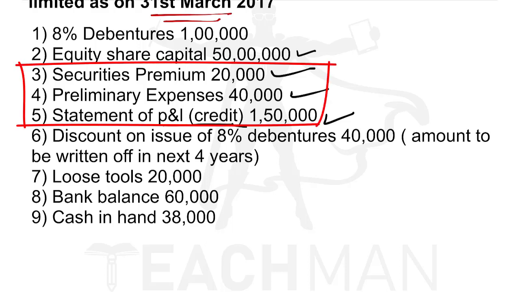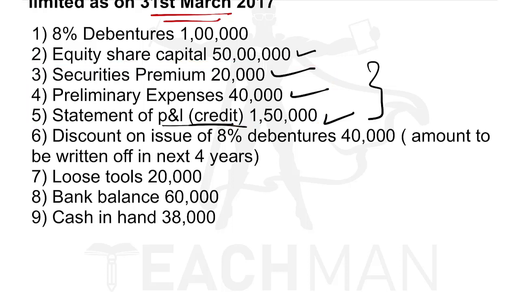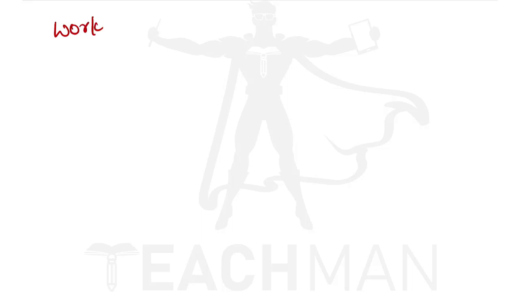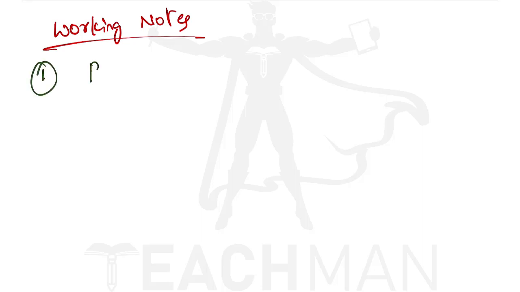So these three items we will record, and these three items require calculation. So we will prepare working notes or notes to account. So first note, for reserves and surplus.